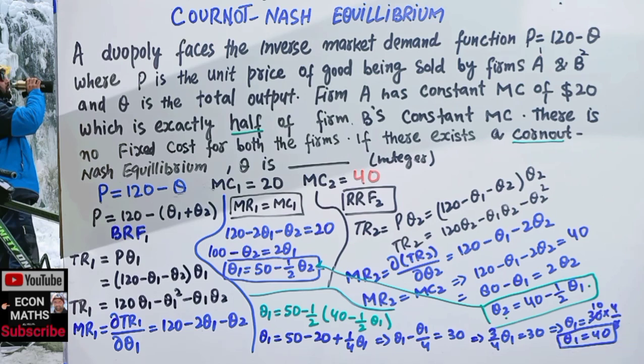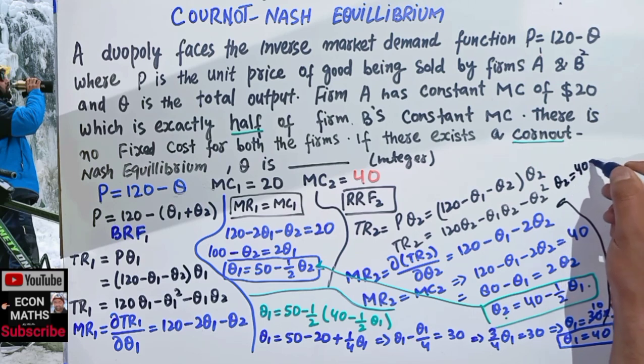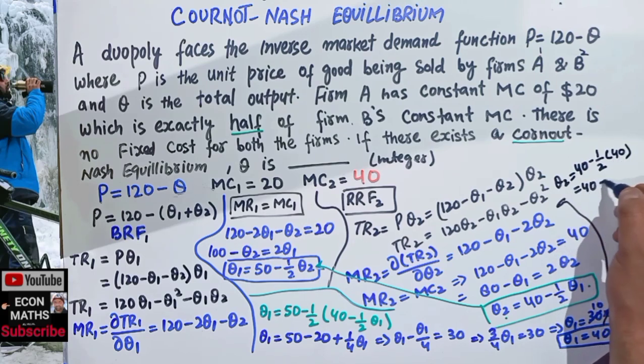If Q1 is equal to 40, what will be Q2? Q2 will be equal to, since Q2 is equal to this, 40 minus 1 upon 2 Q1. Q1 we got is 40, so 40 minus 20.